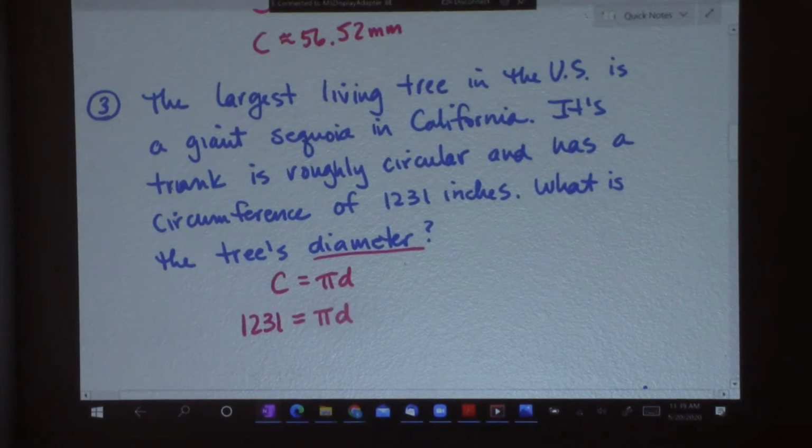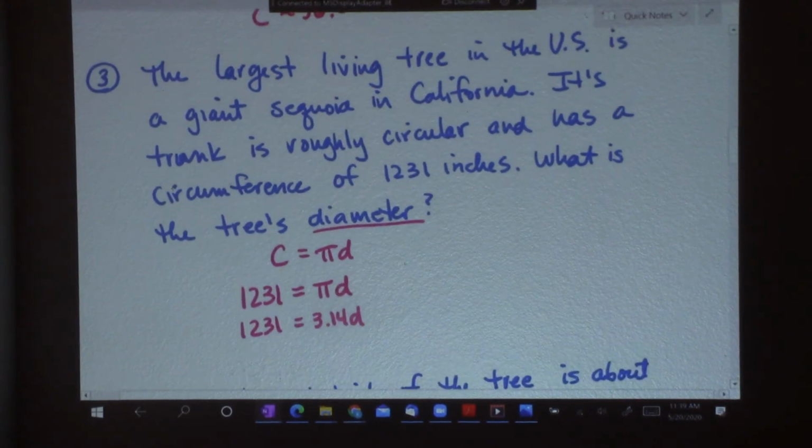So I'm going to put 3.14 in here, and I'm going to get the d by itself. So I'm going to divide by 3.14. These cancel, and when I work that out, I get 392 inches.